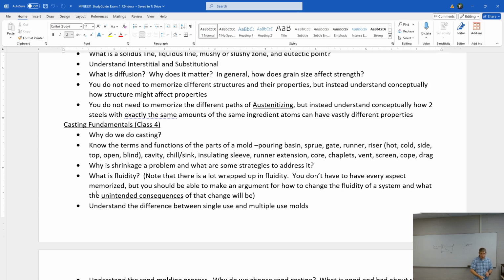If we cool it very, very quickly, then we have a hard material that is very strong but super brittle.